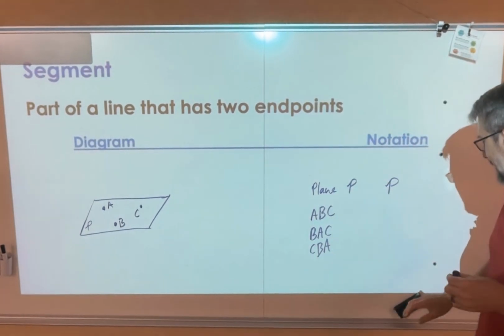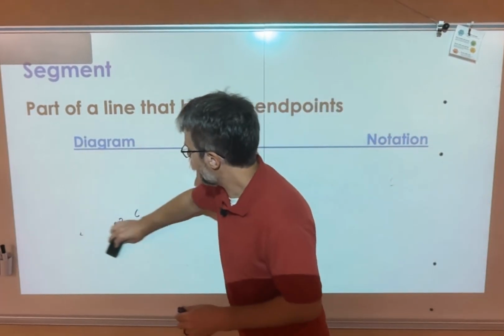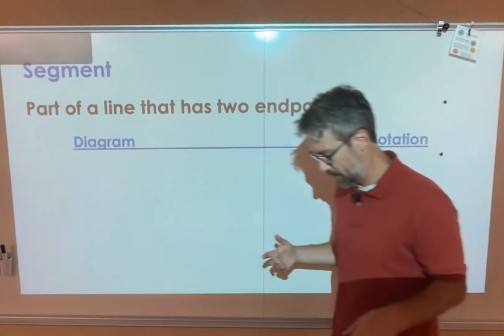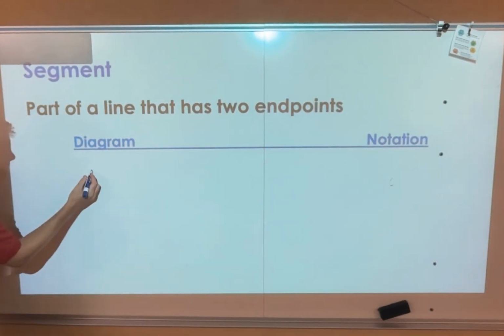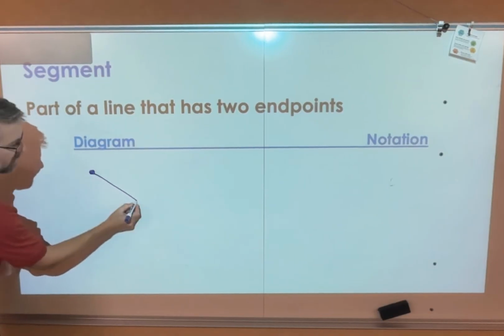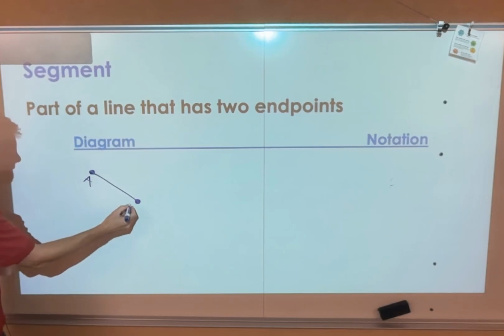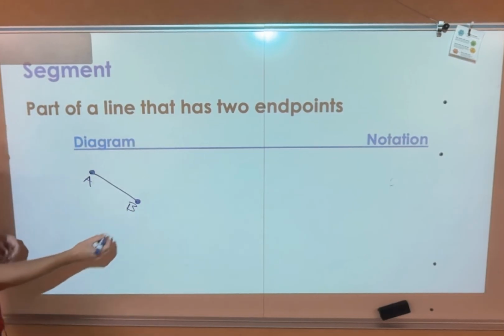All right, some subsets of lines. One of them is a segment. So a segment is a part of a line. So this has a starting and a stopping point, right? It begins at one point and it ends at the other point. So for example, it would look something like this. And so if we say that that's AB, this would be line segment AB. Now we could extend that, right?